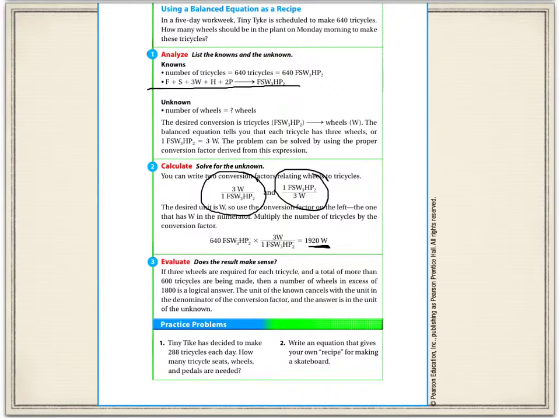We want our final answer to be wheels, and we're starting with trikes. So we set it up in such a way that the trike cancels, and I'm left with wheels. That would give me my answer. Even though you could just multiply by 3, this is about understanding how we set this up, because we're going to do this with chemical equations, and you need to be able to do that.